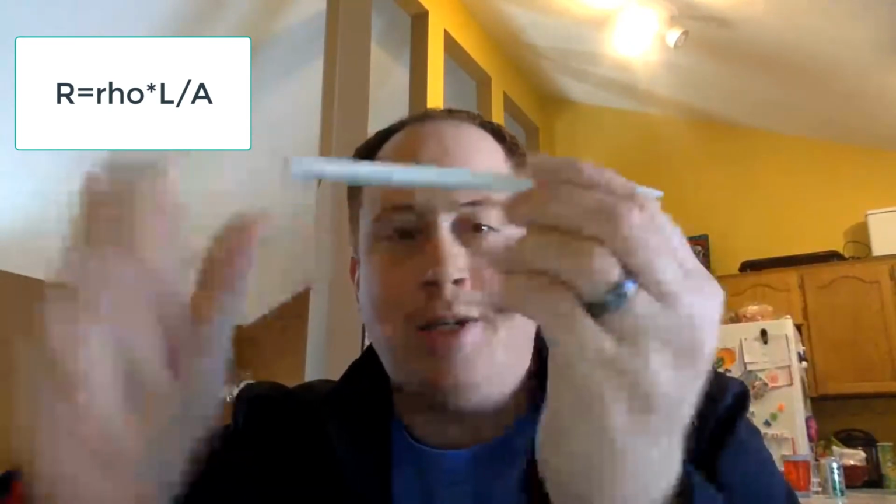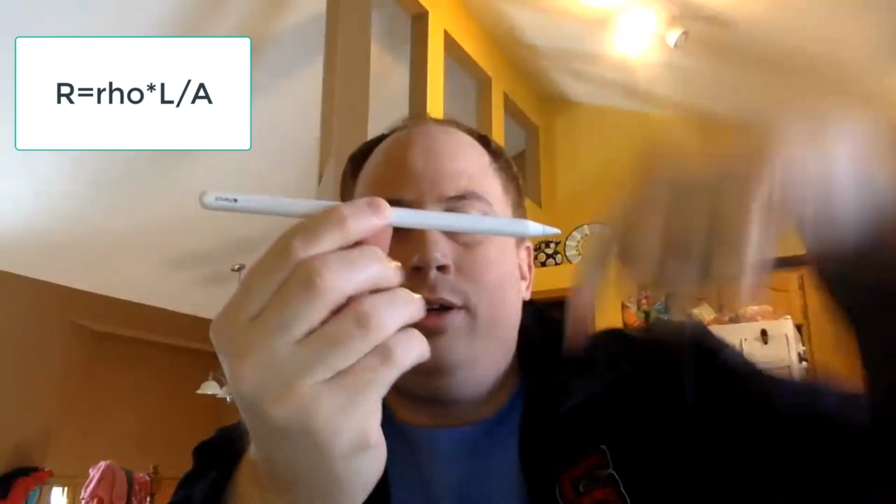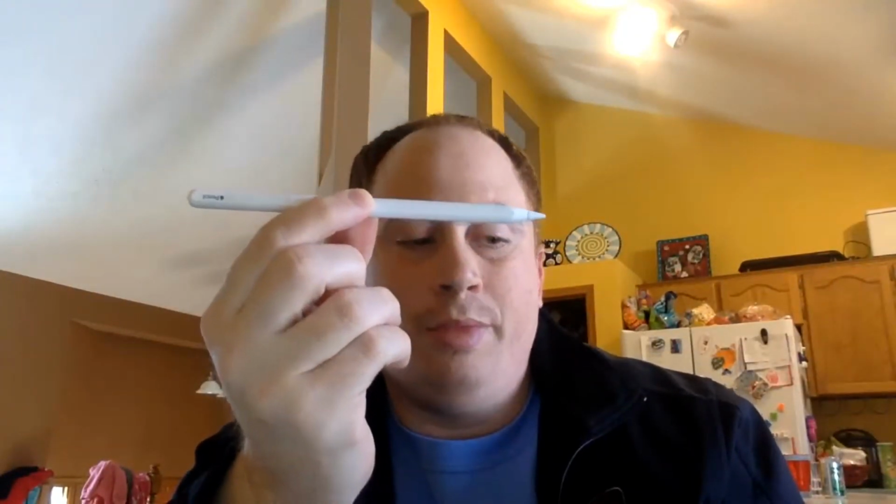So here's the full equation of how electrical resistance works, and this is how it's defined on the properties of the material. The length of the conductor, so imagine this Apple Pencil is my conductor. The length that I'm using would affect that resistance. If you look at the wire of a pair of headphones, the longer the wire, the more resistance it's going to have.